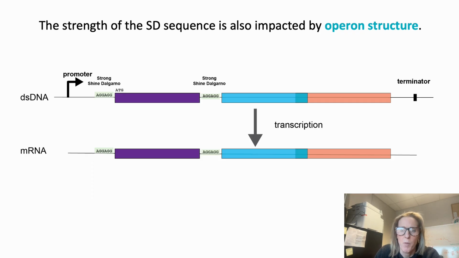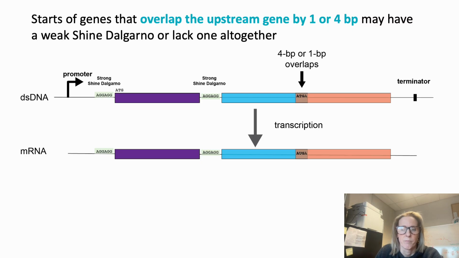Sometimes there are very small gaps between genes in an operon, and there may be a Shine-Dalgarno sequence in these intergenic regions that allow translation to reinitiate in between open reading frames. But some open reading frames have weak Shine-Dalgarno sequences or lack them altogether if they are positioned with 1 or 4 base pair overlaps within the upstream open reading frame.